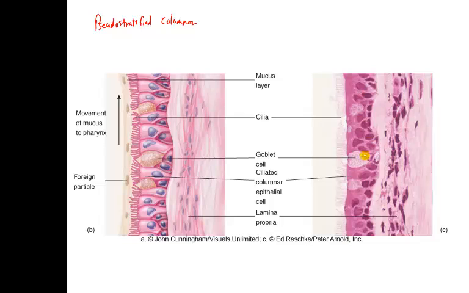This is a histological image of that tissue. So here's air. This is the apical side of the cells, basal side. There are two features I want to draw your attention to. The first is that in the pseudostratified columnar epithelium, there are a lot of what are called goblet cells. So lots of goblet cells.